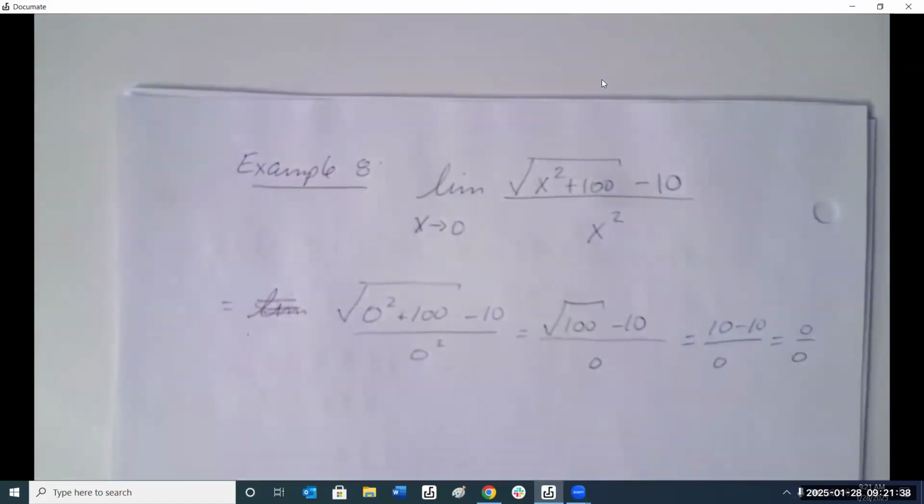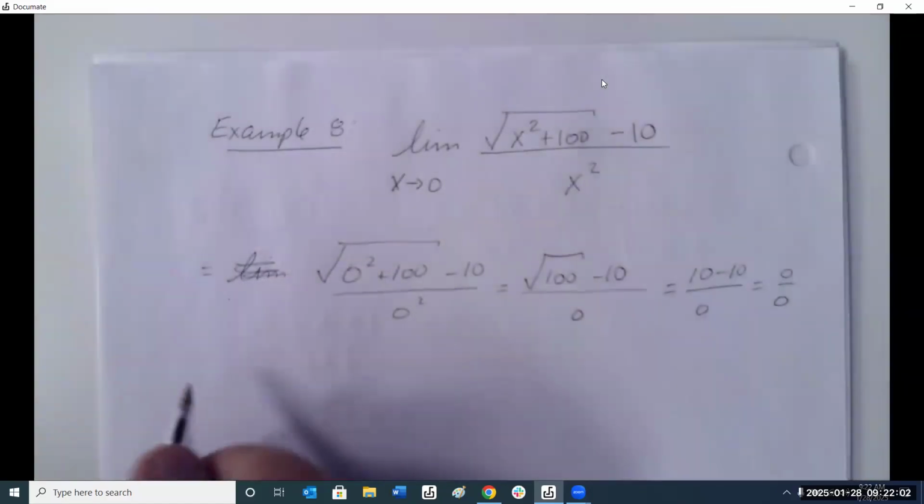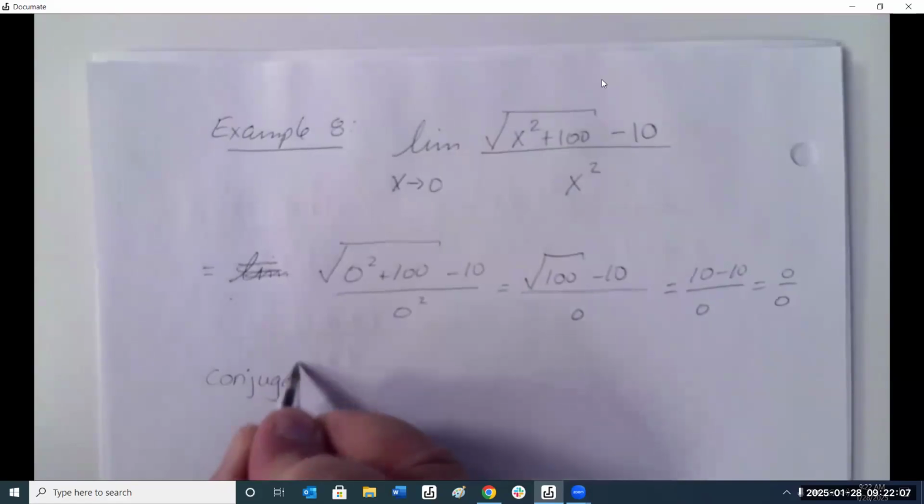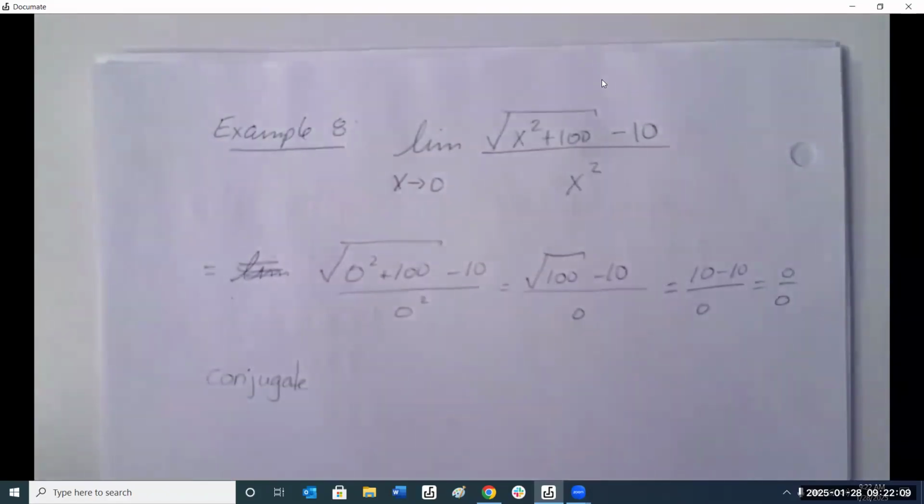That means there's something we could do algebraically there. Can we factor the numerator? No. So how do we fix that? In algebra, you learned a concept called the conjugate.